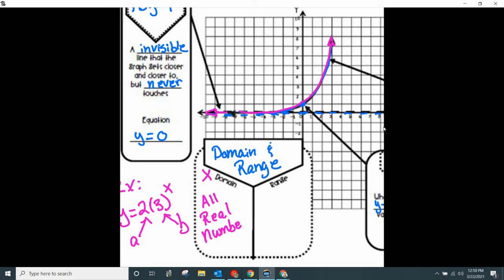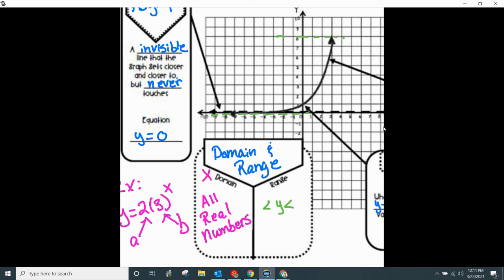But now your range, oh, okay. So if we're going to talk about for our range, how far is it going to go up or down? Well, notice remember it has this asymptote where it gets really close, but it never actually touches y equals 0. But I can't box it in up here. So this is the one where we would draw our y in the middle. We would put our symbols.